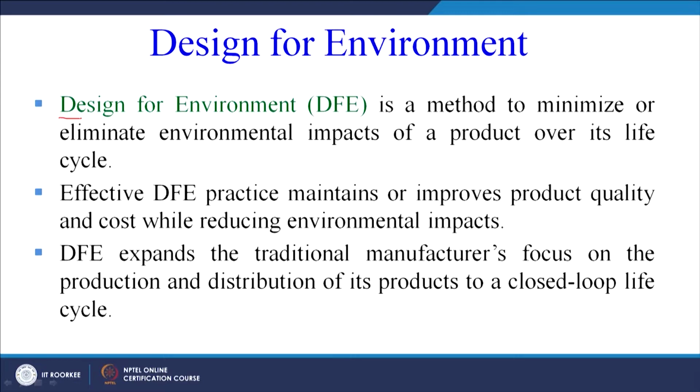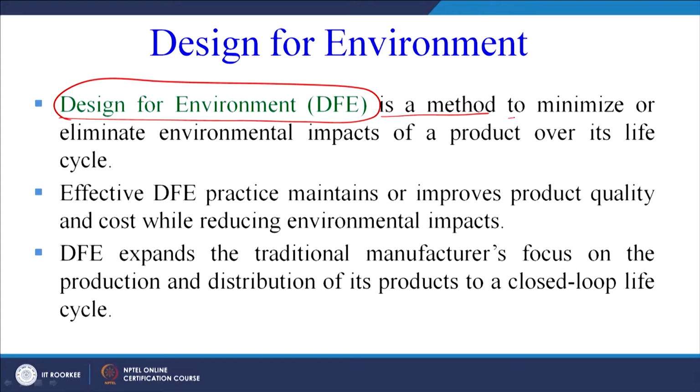So let us quickly see what we understand by design for environment. Now, design for environment. By design, we have written it in green color, because we want to choose the green materials, we want to choose the sustainable materials, we want to use the sustainable processes for making our products. So, design for environment is a method to minimize or eliminate environmental impacts of a product over its life cycle.